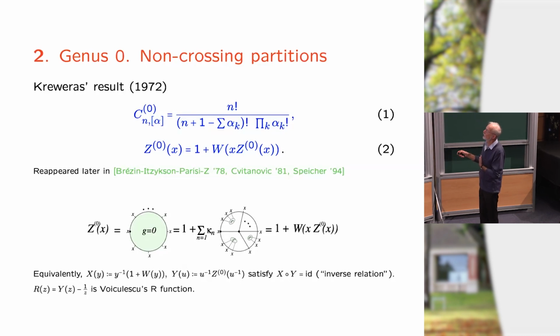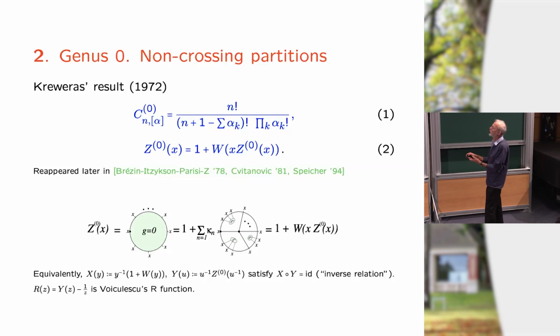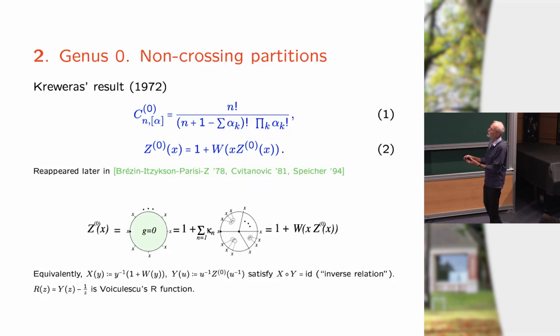By a little change of functions, if you introduce the function x, which is basically that, but evaluated at the argument y minus 1, with a y minus the inverse of y in front, and y of u, which is essentially this function up to a little change of variable and a prefactor, then you find easily that these two functions are functional inverses of one another. So this identity is something that people call the inverse relation in the context of free probability.